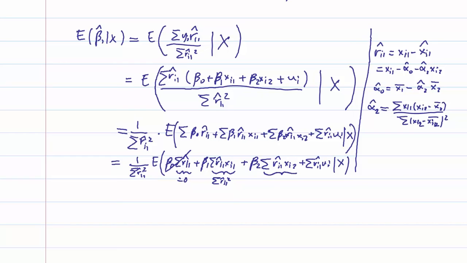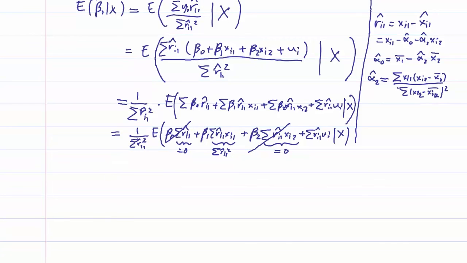Then here ri1 is a residual and xi2 is a regressor in the regression of xi1 over xi2. This is 0, so this disappears. And in the end we have the sum of ri1 hat times ui.